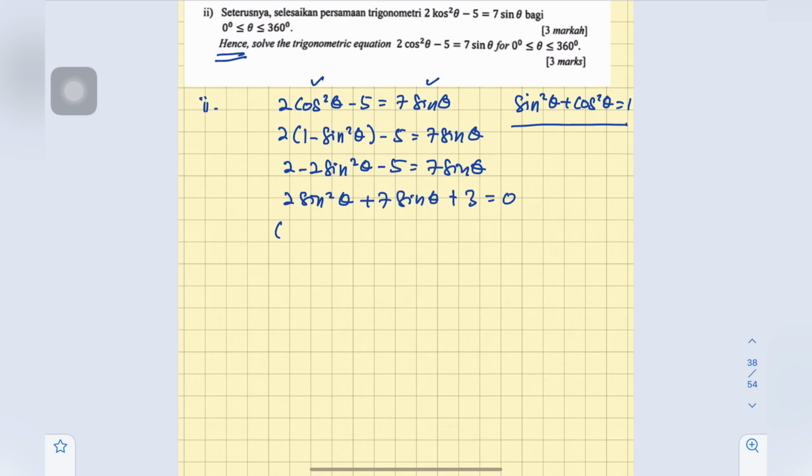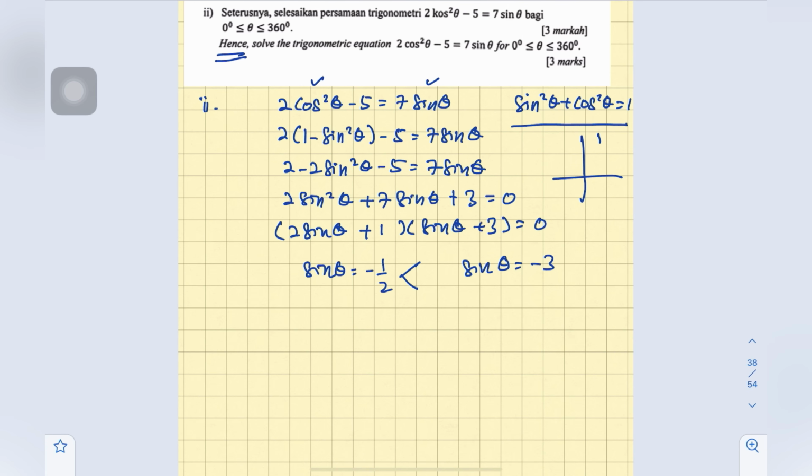Okay, so then we can factorize. 2 sin theta plus 1, sin theta plus 3. So here sin theta is negative 1 over 2 and sin theta equals negative 3. Okay, for the first one, sin is negative. Quadrant 1, 2, 3 and 4, add sugar to coffee.